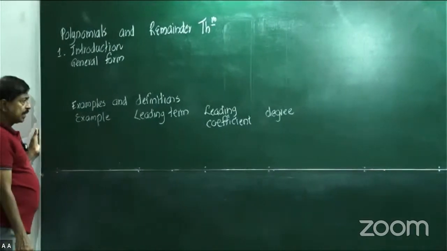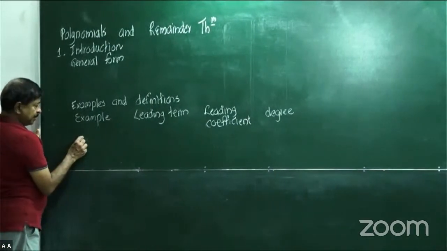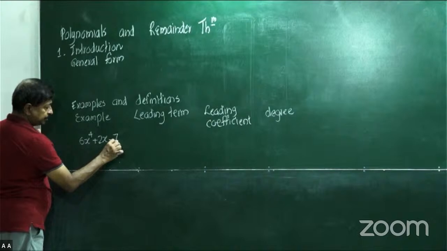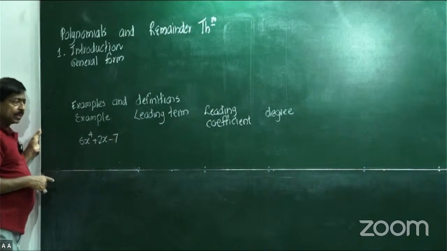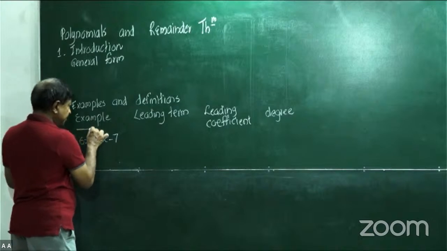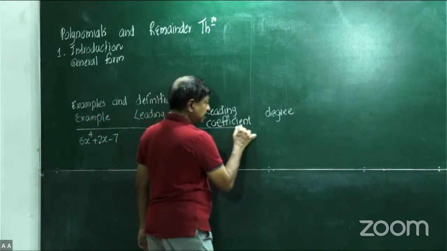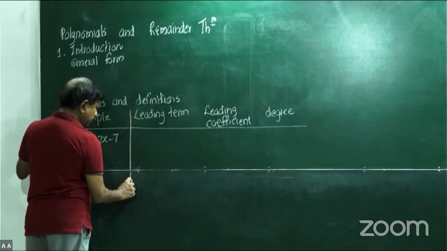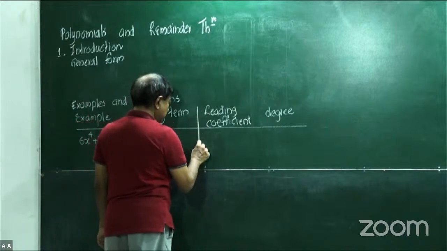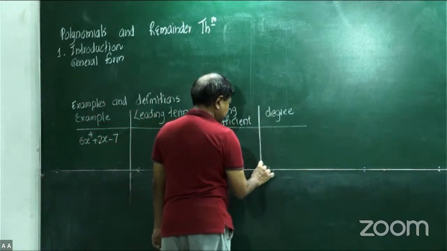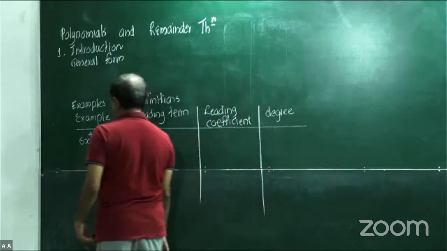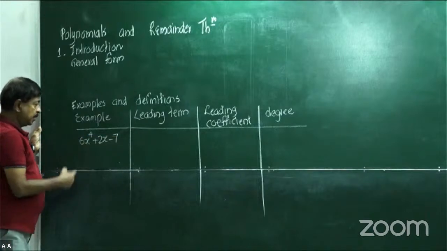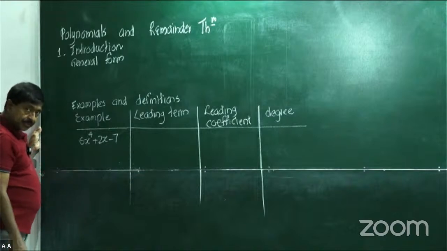So there are several examples. A polynomial is a combination of such terms where you have non-negative powers of x.